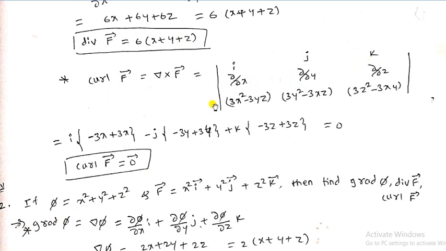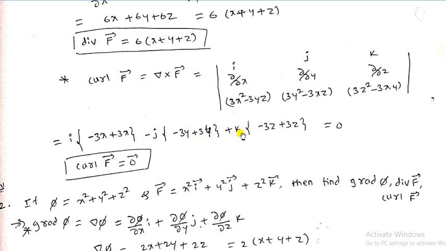So using the sign of j as minus j, then differentiate dou by dou x of 3z square minus 3xy. It becomes minus 3y because it is with respect to x here, and dou by dou z of 3x square minus 3yz becomes minus 3y. Again the sign is minus in this direction, so minus into minus is plus here.